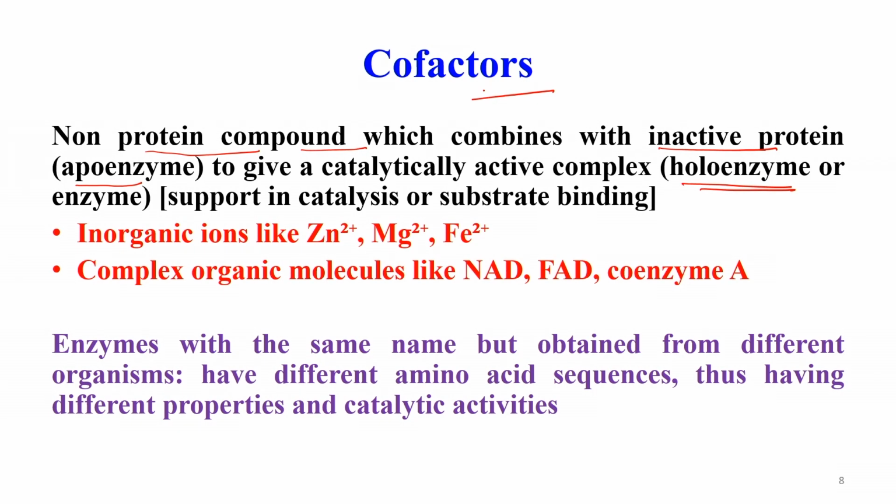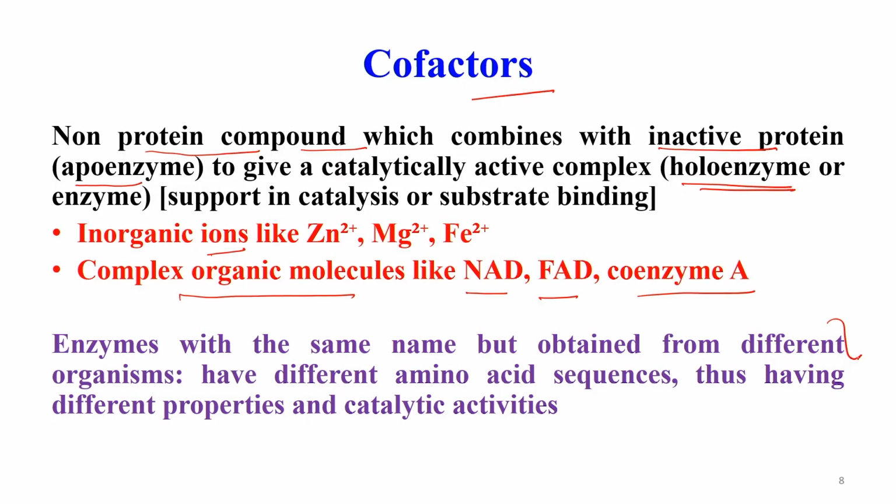These cofactors can be inorganic ions like zinc, magnesium, iron, or even complex organic molecules like NAD, FAD, and coenzyme A. So if an enzyme requires a cofactor, it is called apoenzyme, and when it is added with the cofactor, that is called holoenzyme.